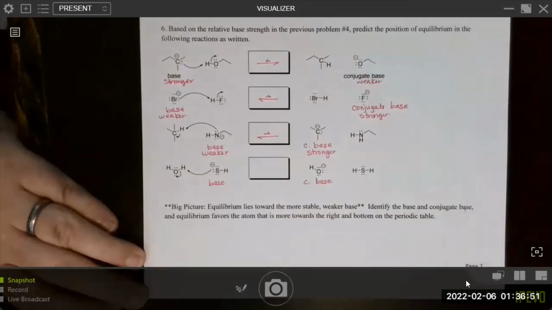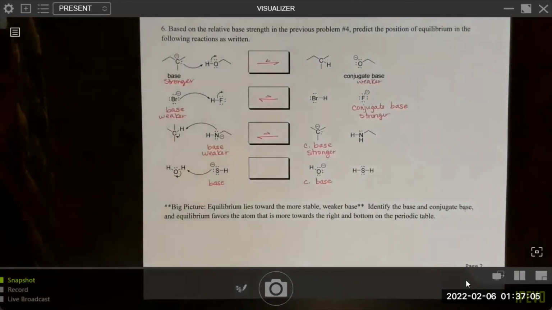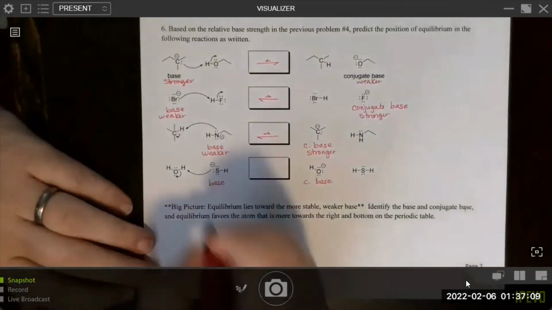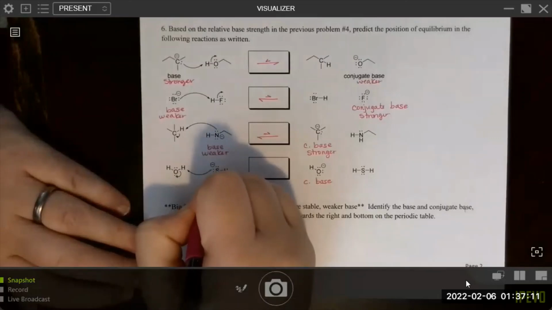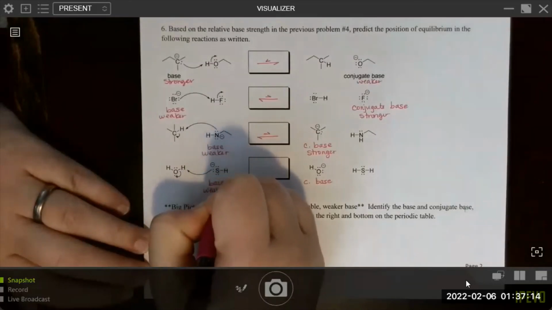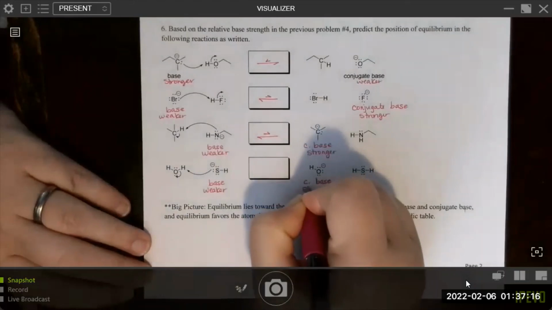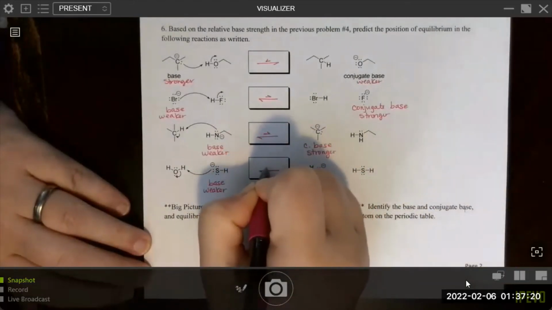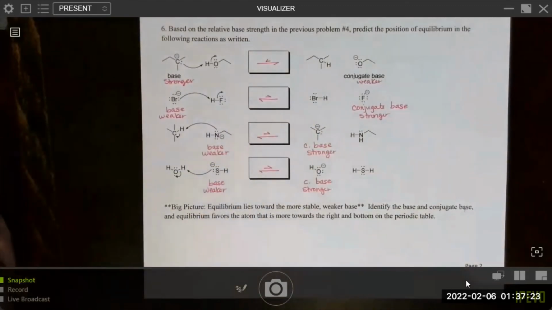Think of it like entropy, the increased amount of space that the electron has to spread out over, essentially disorder. So if it's more stable, it's the weaker base, and this should be the stronger base. So again, we're going to predict going to the left.